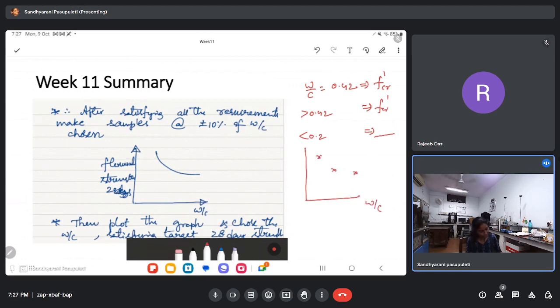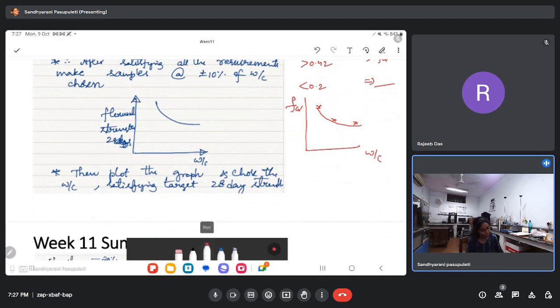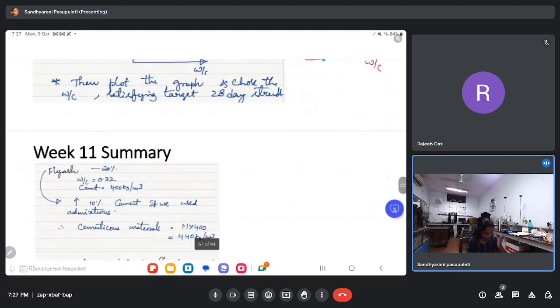This is the water to cement ratio and this is the flexural strength at 28 days. So based on this, we can choose the satisfying 28 days target strength. So let us say if we have a curve, and I wanted to design my concrete for this strength, then directly from there I can take the corresponding water to cement ratio. So in this way usually we calculate.